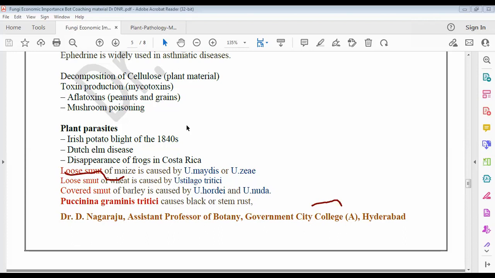Any question will come from this: Bengal famine caused by, Ireland famine caused by, French famine caused by, Sri Lanka famine caused by. Like that, they ask the questions. Okay, don't forget.